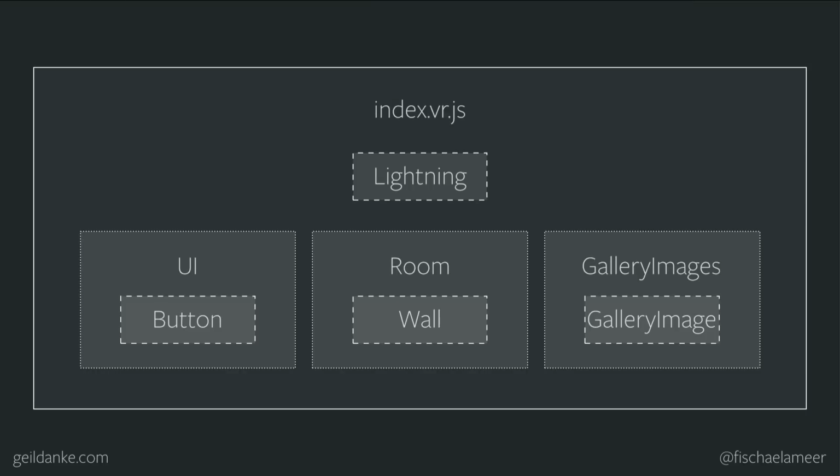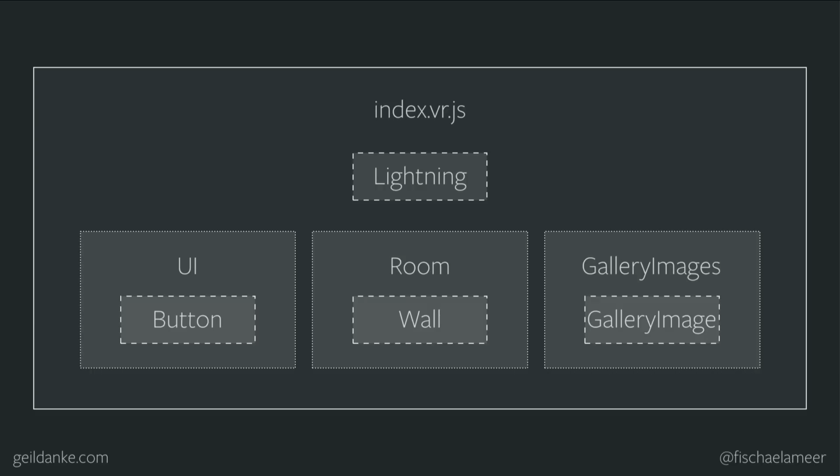So here's a visualization of the component hierarchy. We have the index.vr.js file, which includes a lightning component and a UI component, a room component, and a gallery images component. And as you can see, the UI component, again, is the parent of another child component, the button component, and the room component contains a wall component and the gallery images component, a gallery image component.